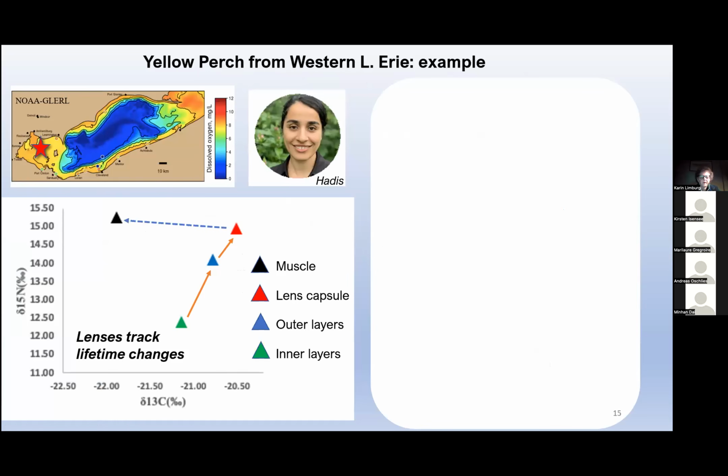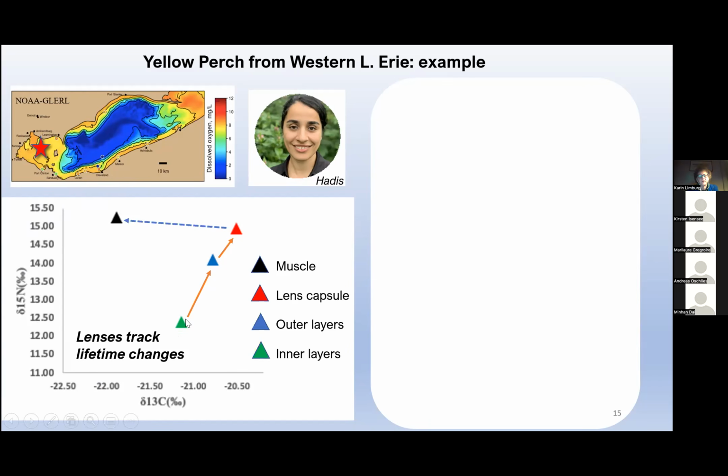Just a quick try to explain again the coupling of these 2 biomarkers. This is my PhD student, Hadis, and she's studying fishes in the Great Lakes and Lake Erie. She has a fish that was collected in the western part of Lake Erie, and here she has peeled out layers from an eye lens.